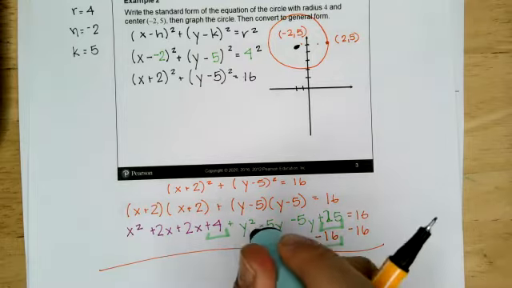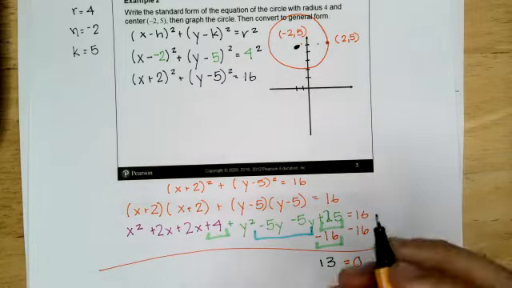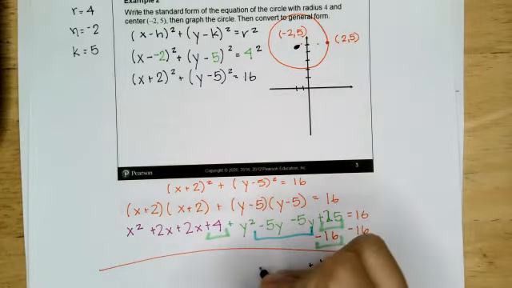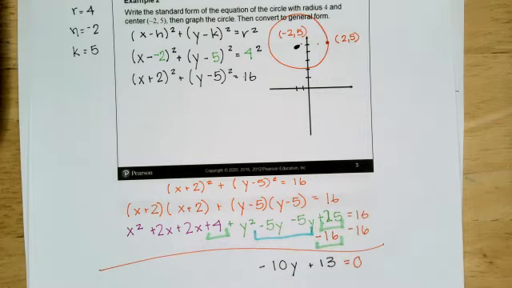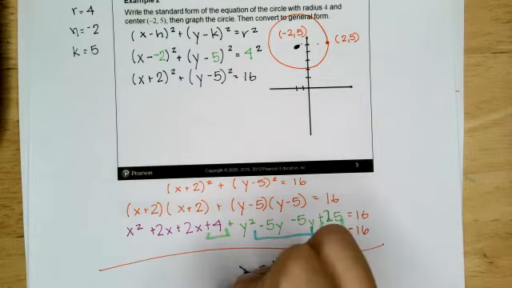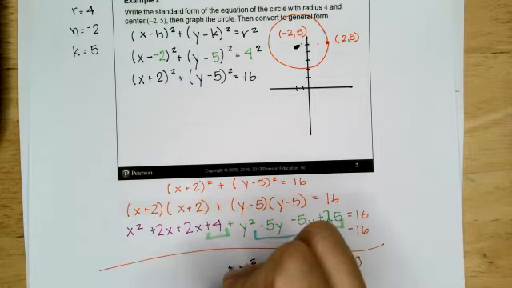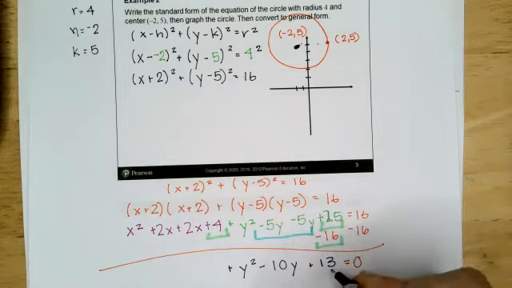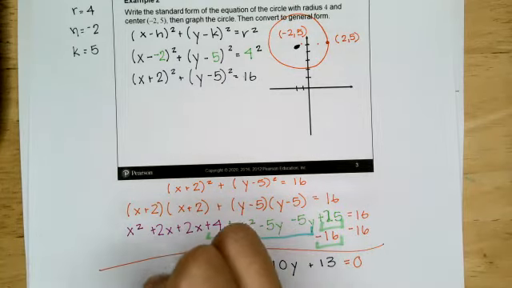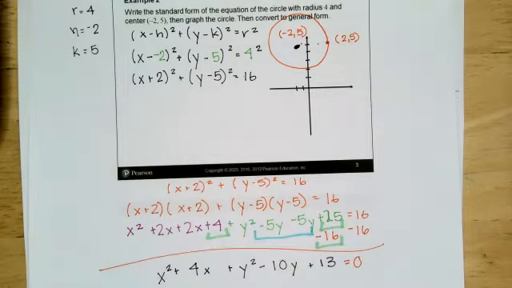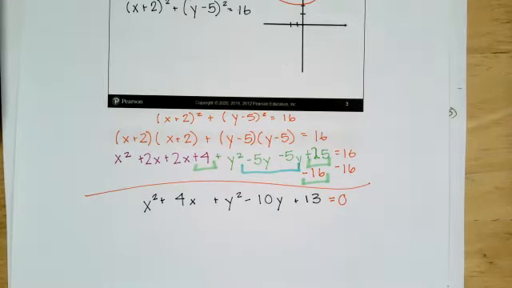These two become, going backwards, -10y, right? Then y squared is still alone. It's a positive y squared. That 4 was back here with the 13. I have 4x here and I have x squared here. I've combined the like terms.